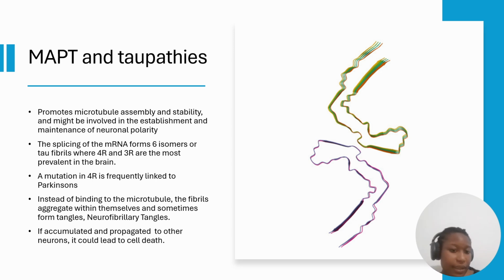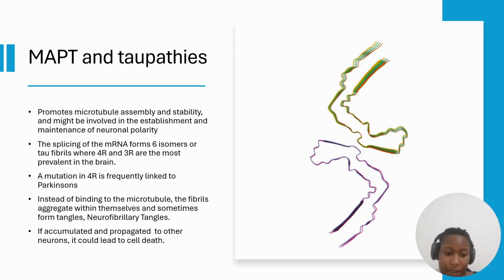So first of all, what is the role of MAPT? It is associated with a microtubule and it stabilizes it and might be involved in the establishment and maintenance of the neuropolarity. There are different isoforms, but the most prevalent one in Parkinson's disease is the 4R.